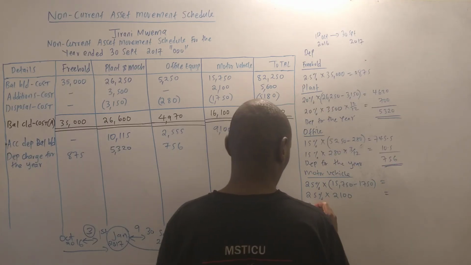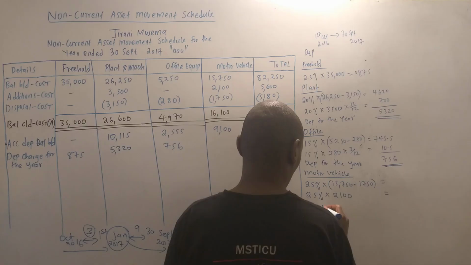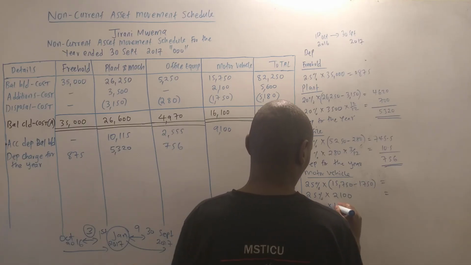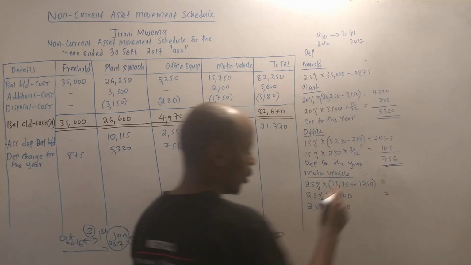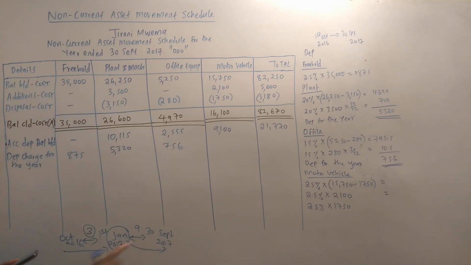And then also the one that was disposed, 1750. For how long was it used? You need to consider for disposal the period that was used.